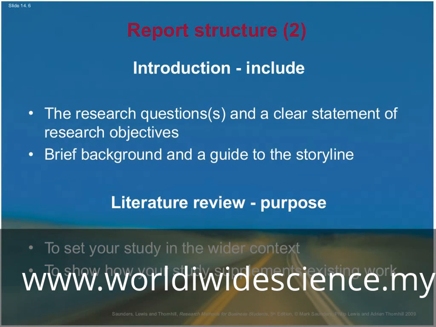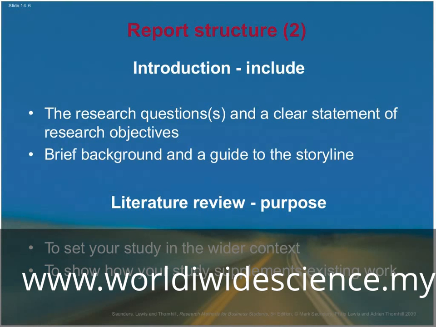The second part is the introduction, which includes the research question, a clear statement of research objective, brief background, and a guide to the storyline. This is very clear. I talked about how you can write the research objective, research question, and problem statement.